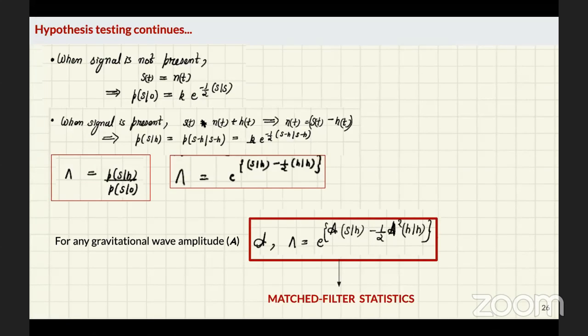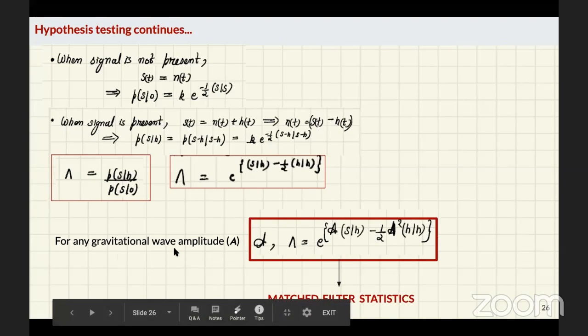But when the signal is present, there will be a contribution from the strain signal, the gravitational wave signal. If we take the ratio of the two likelihoods, we obtain our detection statistic in this form. Okay, so for any gravitational wave amplitude A, the detection statistic boils down to this equation, which is nothing but the matched filter statistic.